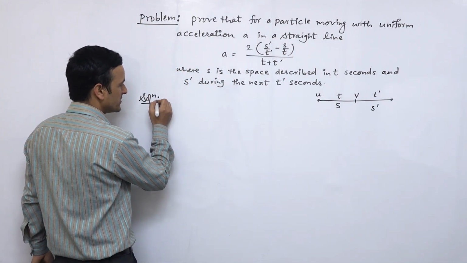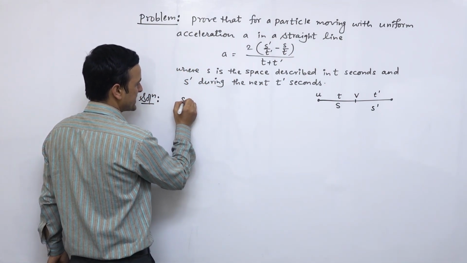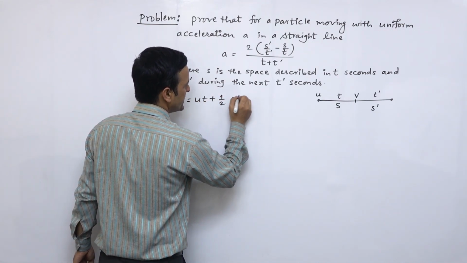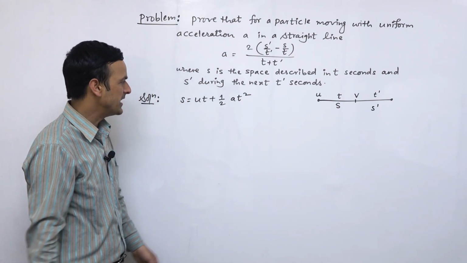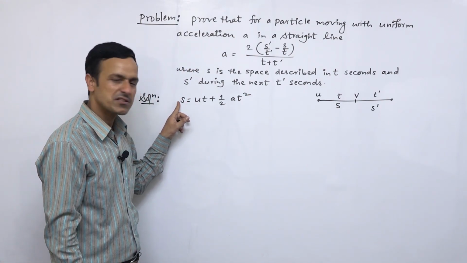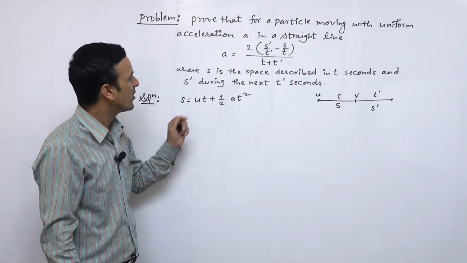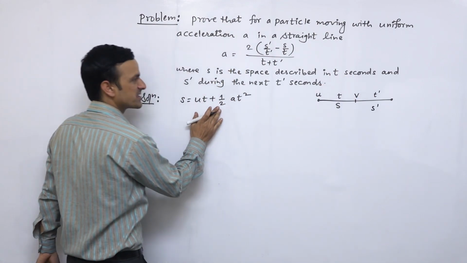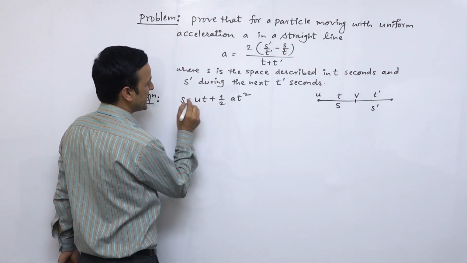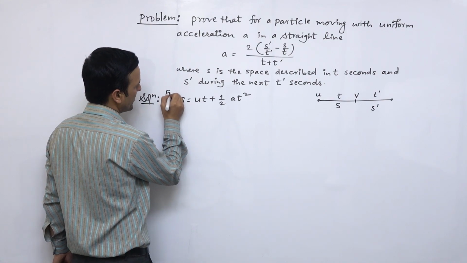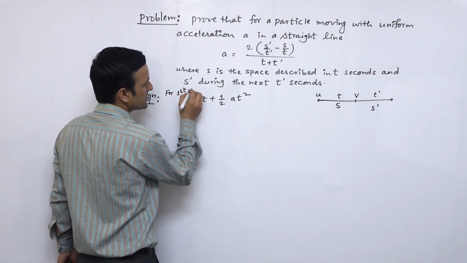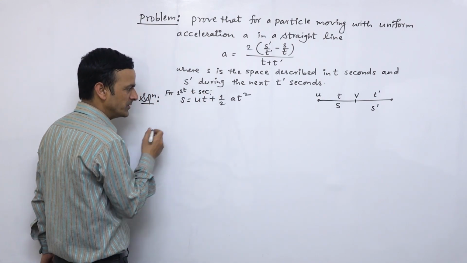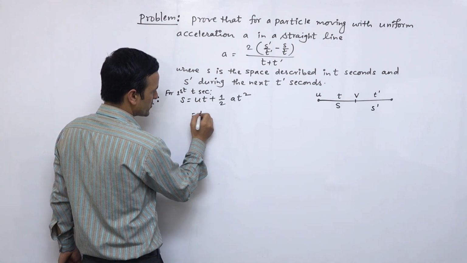So we can use the formula s is equal to ut plus half at square. This is the formula for distance covered by any body. For the first t seconds, we can write this one like this.